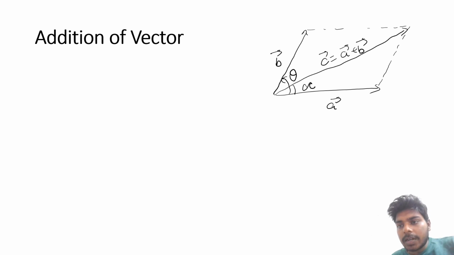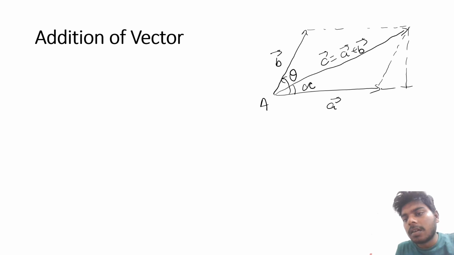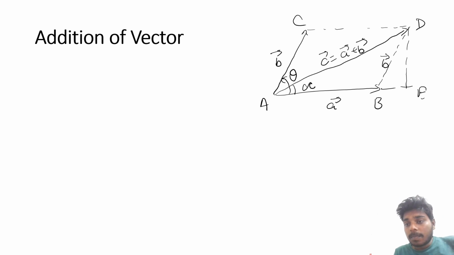So how can we do? We have this is A, B, C, D, E, and since this is a parallelogram, this is again B vector, and magnitude of B vector will be B, magnitude of A vector is A, magnitude of C vector is C, and this is again theta.